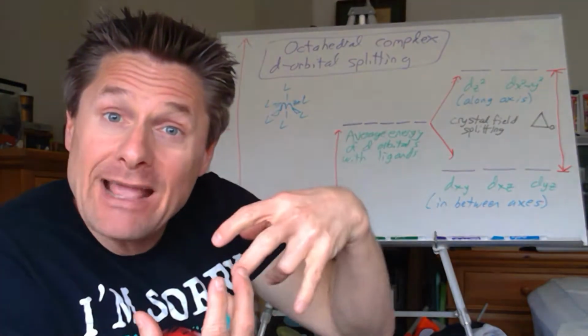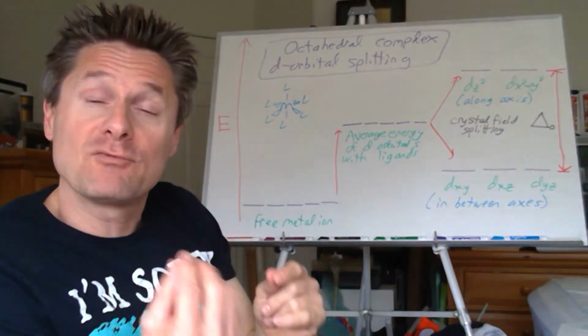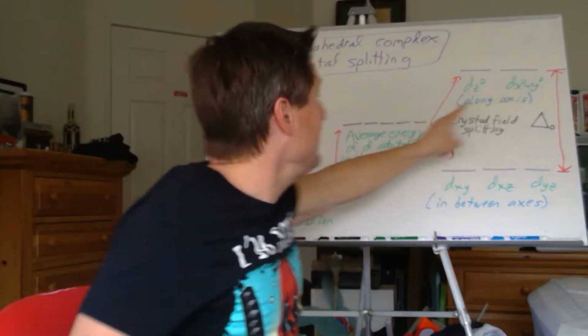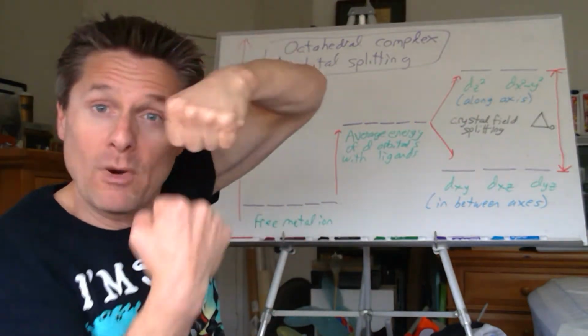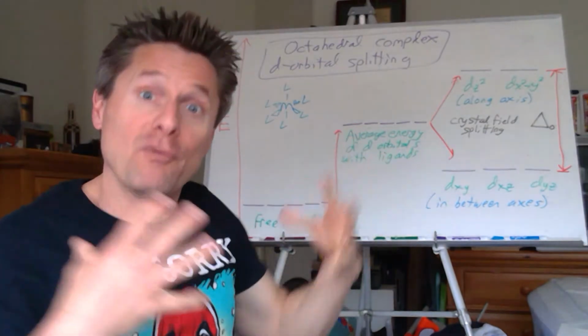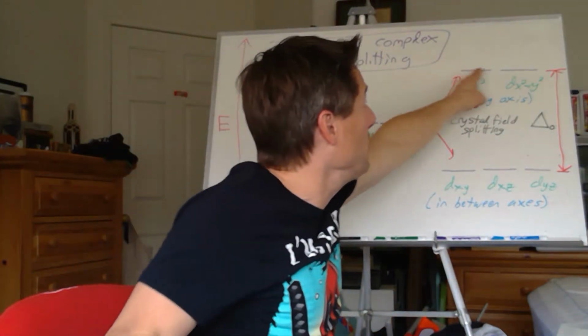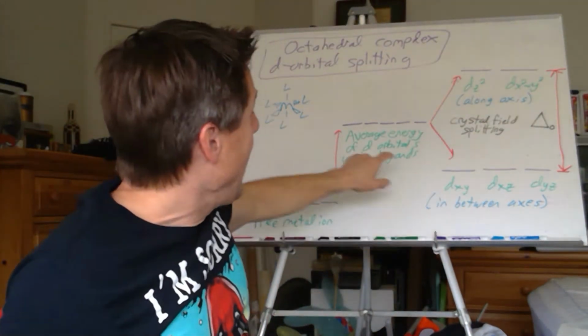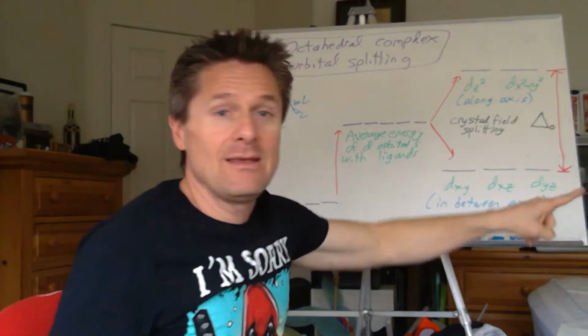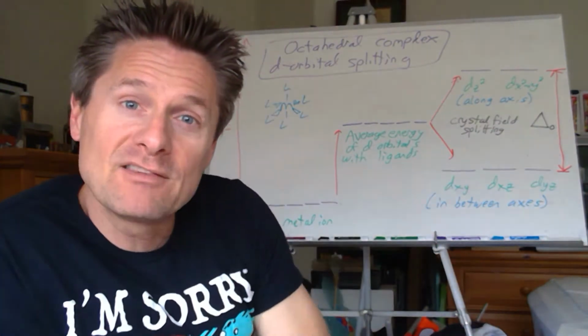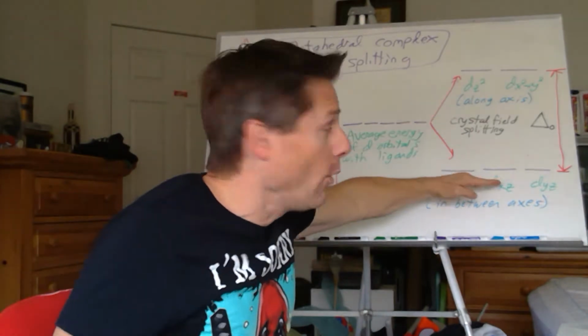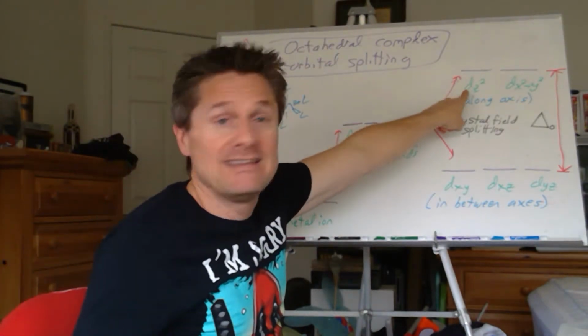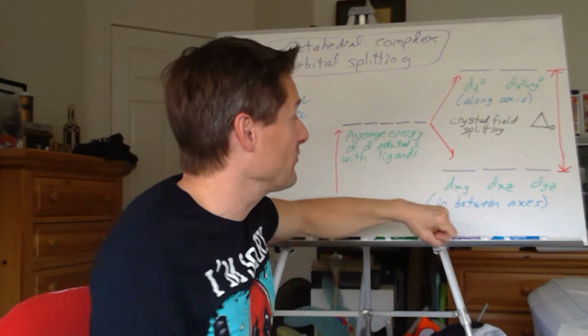And now we take a look at the splitting that happens because remember, the dz squared and dx squared minus y squared, which have lobes pointing along the axes, repulse more. So their energies split to a higher energy. And the dxy, dxz, and dyz, with the orbitals going in between the axes, are lower in energy versus the dz squared and dx squared minus y squared.